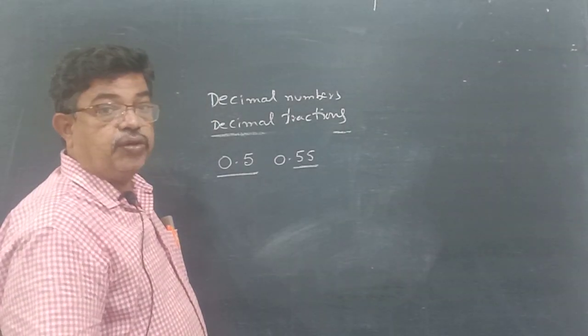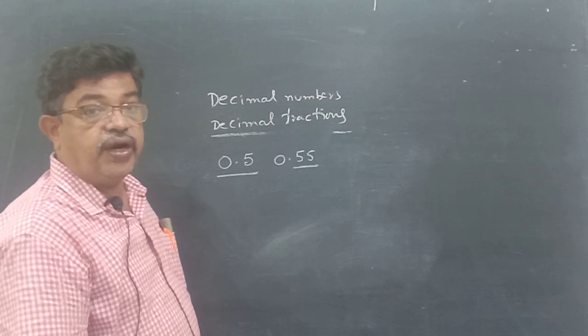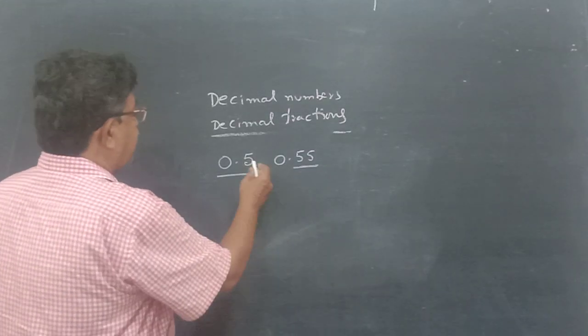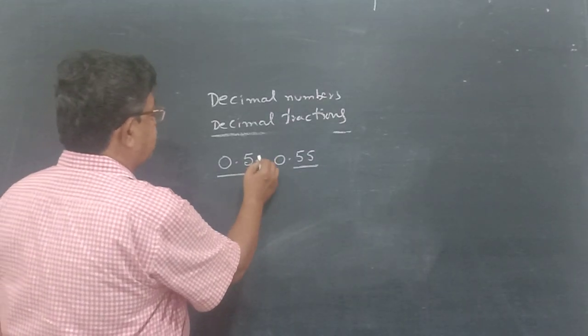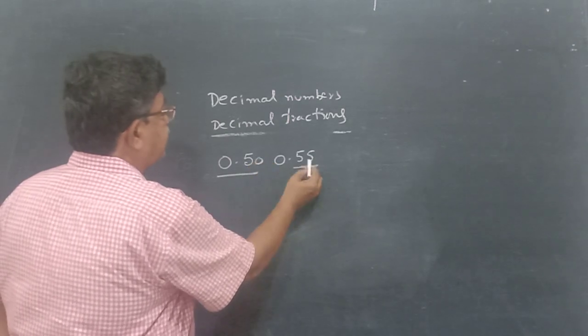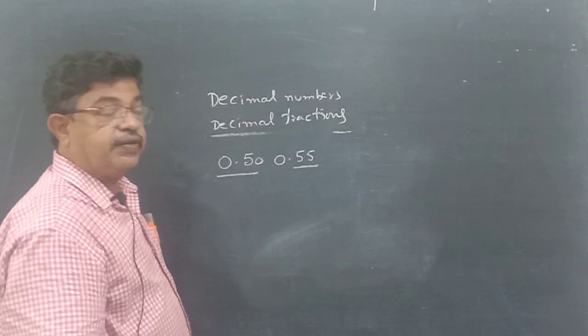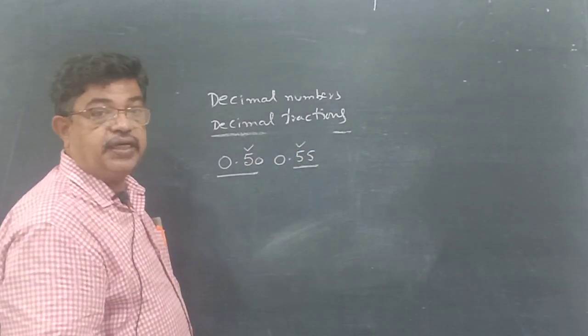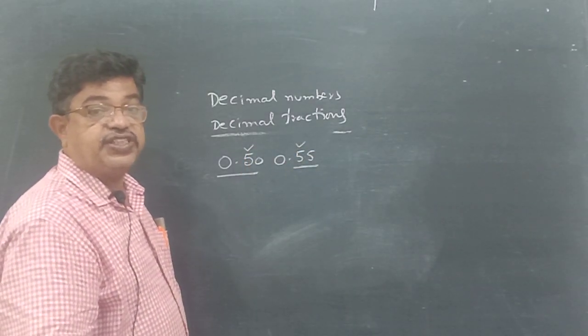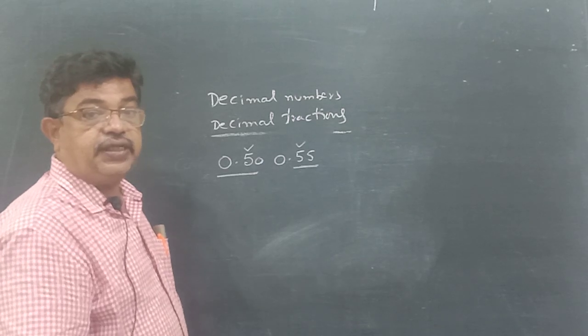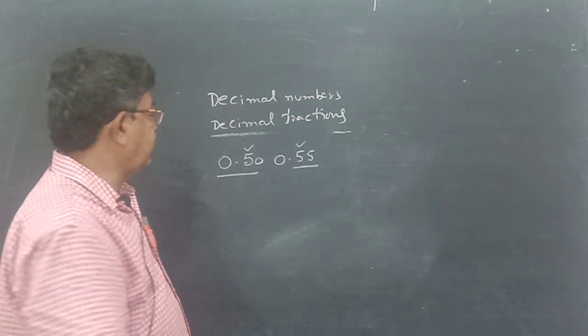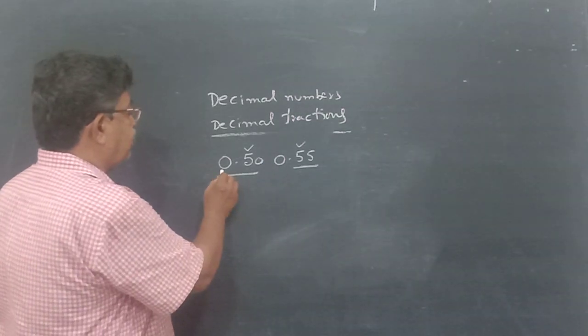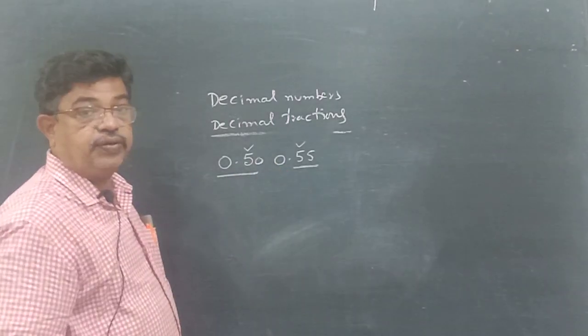Which is greater 0.5 or 0.55. Here there is only one decimal place, so the second decimal we can take as 0. Here the second decimal place is 5. Now you compare the first decimal places. In both the decimal numbers, the first decimal place is same. So in the comparison of decimals, first you want to observe the whole part. Here the whole part is 0, here also the whole part is 0.